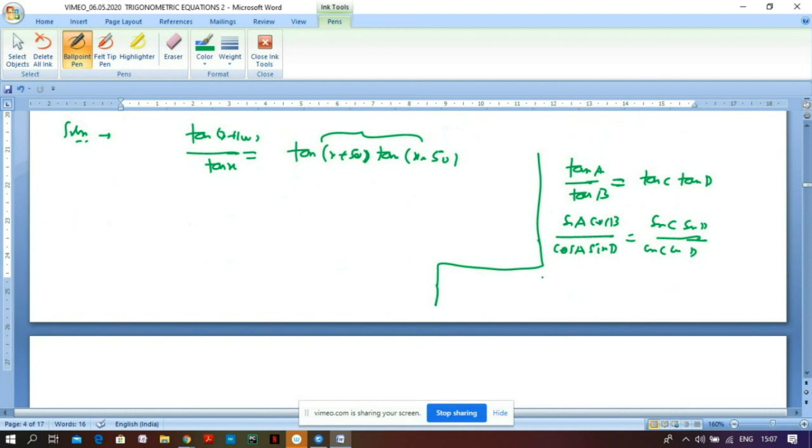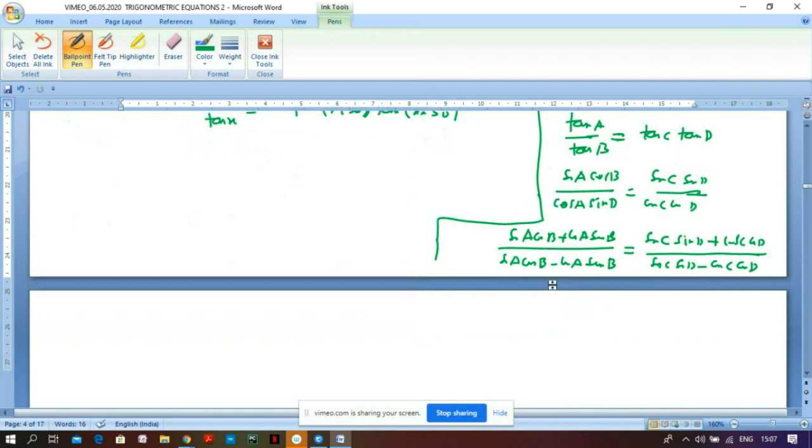So sin A cos B. I again use componendo dividendo. Sin A cos B plus cos A sin B over sin A cos B minus cos A sin B. Difference in the order: numerator minus denominator. So do the same thing on the right side. So sin C sin D plus cos C cos D over sin C sin D minus cos C cos D. Once you get expert, you can do it in your head.